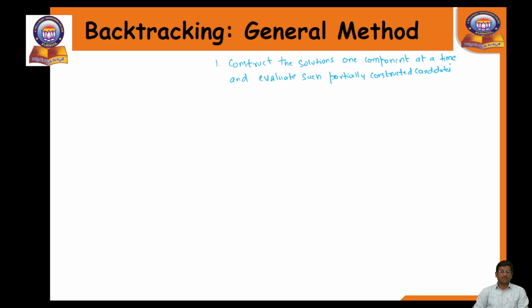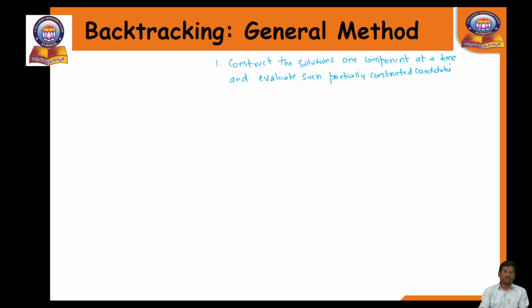That is, if a partially constructed solution can be developed further without violating the problem's constraints. What are the constraints? That is implicit constraints and similarly explicit constraints, which will be discussed in the upcoming slides. And it is done by taking the first remaining legitimate option for the next component. If there is no legitimate option for the next component, no alternatives for the remaining components need to be considered. In this case, the algorithm backtracks to replace the last component of the partially constructed solution with its next option.